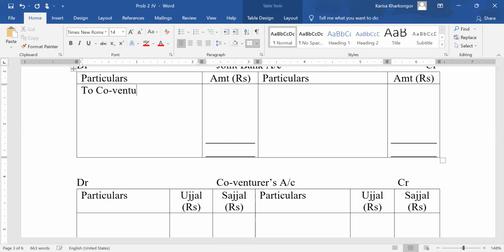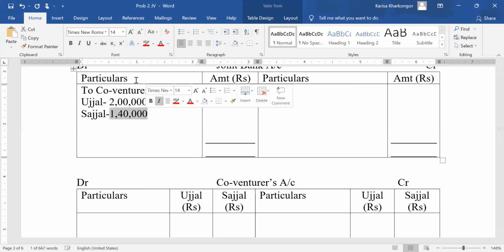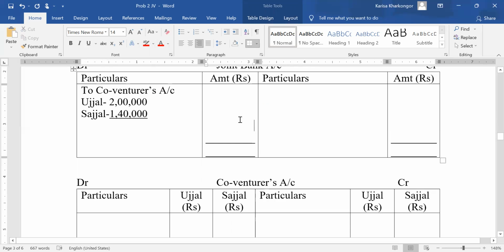To co-venturers account, Ujjal rupees 2 lakh, Sajal rupees 1,40,000. Adding these two, will come to a total of 3,40,000.